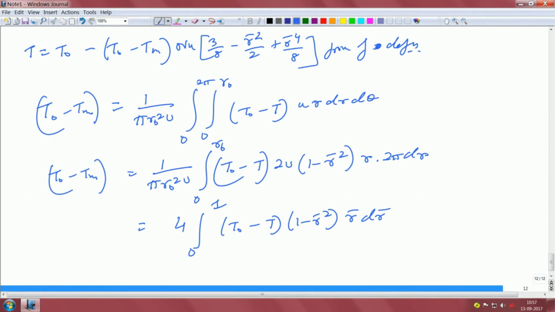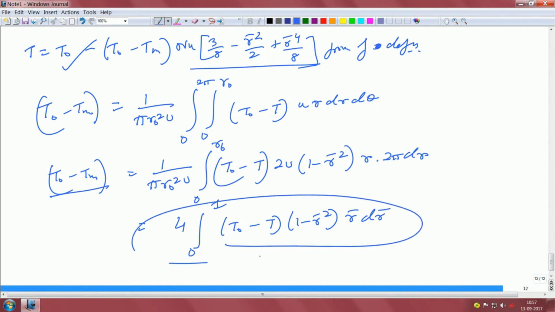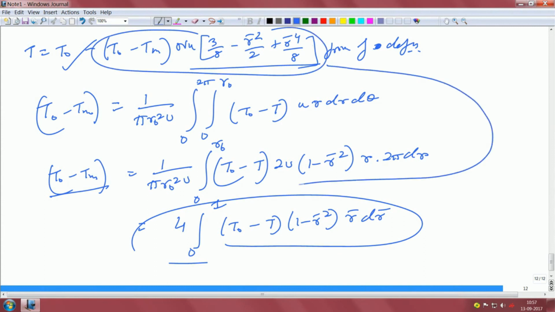So we basically have two terms. One is this, which gives you T minus T naught equal to this. The other one is T naught minus Tm, given as a function of this, right? So what we are going to do now is take this definition and substitute it here. T naught minus T we are going to substitute in terms of T naught minus Tm in this expression.